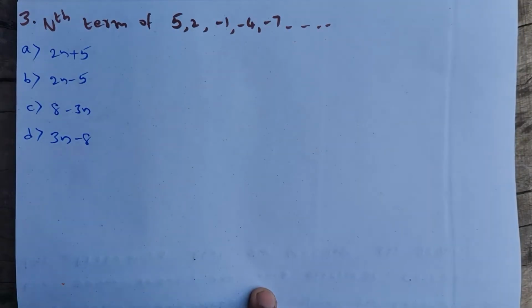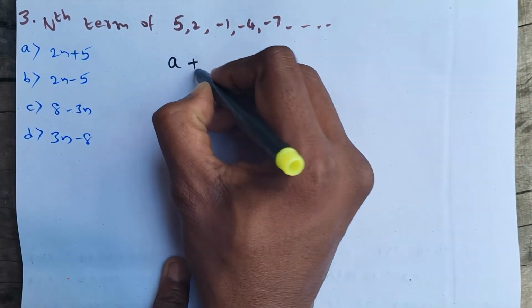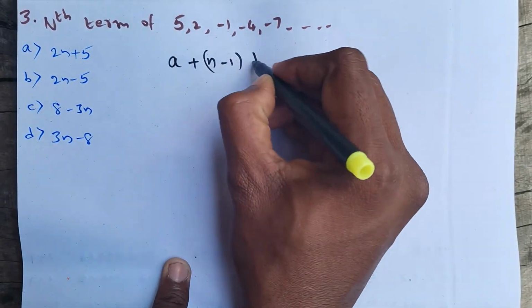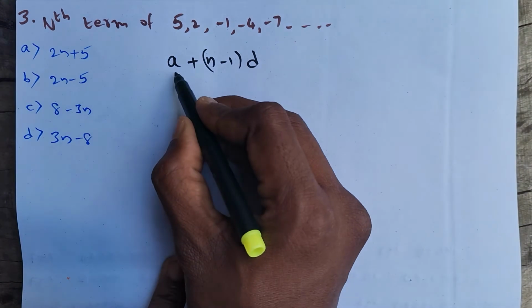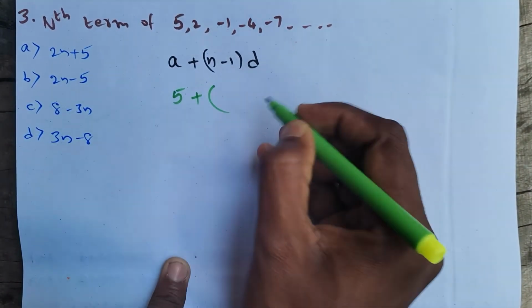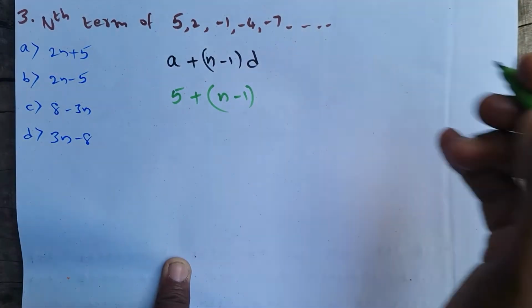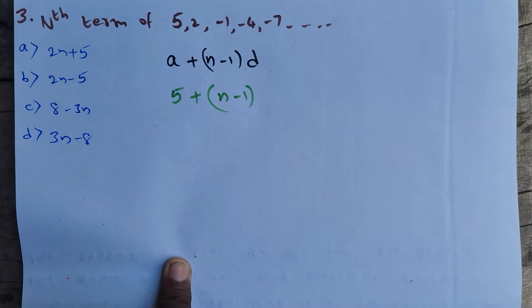Question number 3. Nth term of the given AP 5, 2, -1, -4, -7 and so on. So nth term formula for AP: a + (n - 1)d. a is nothing but the first term, that is 5, plus (n - 1) into d, the common difference, nothing but second term minus first term.